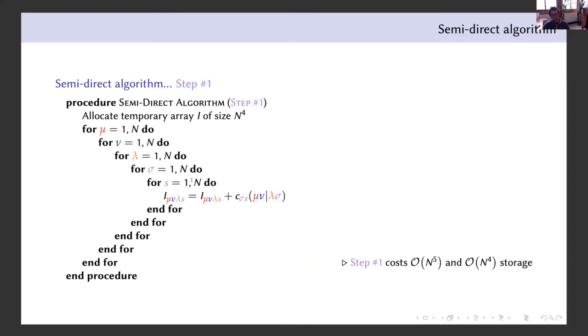Okay, so step number 1: I'm going to allocate a temporary array I of size n to the 4. And so I'm going to do the first summation only.